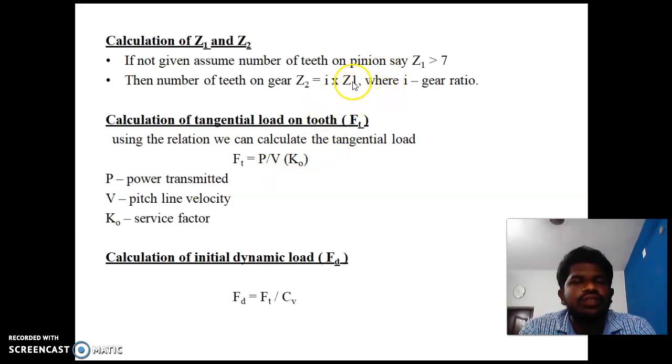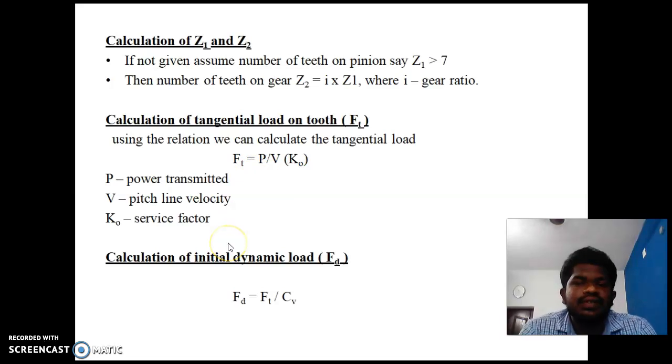So from the gear ratio formulas we can calculate D, the pitch circle diameter of the pinion. So substitute the value, power transmission value in watt and velocity in meter per second. K naught, service factor or shock factor, we can take the value from the PSG data book based on power transmission value.